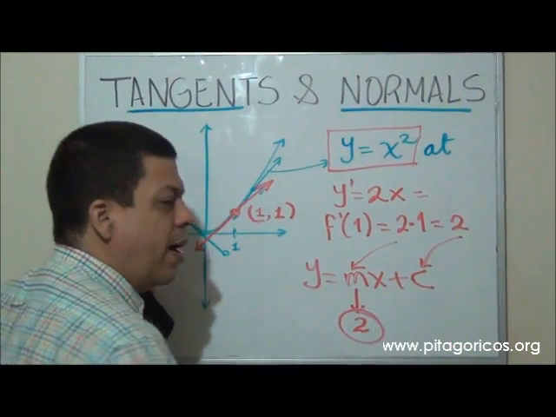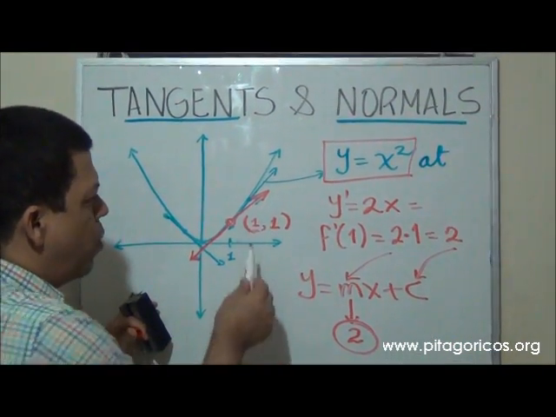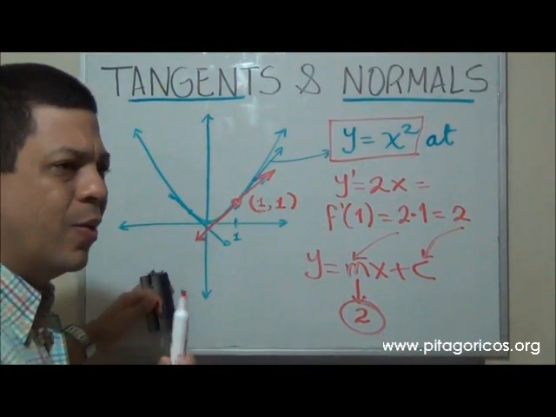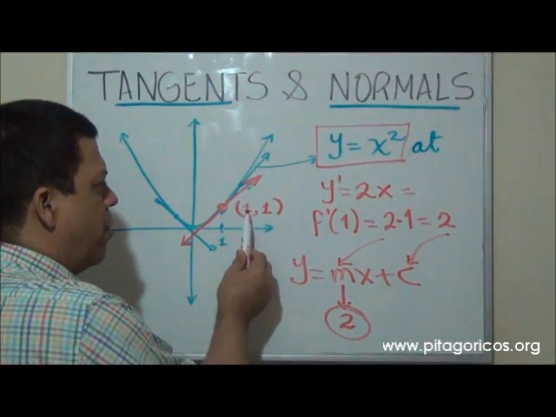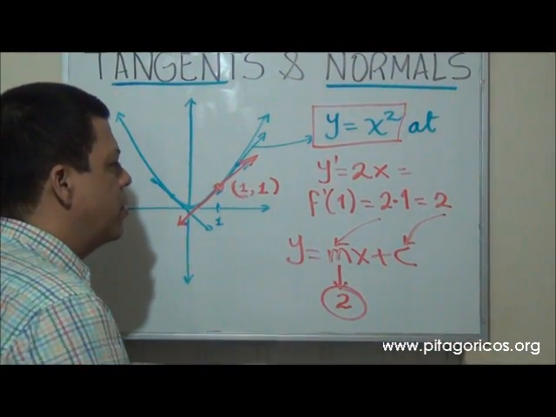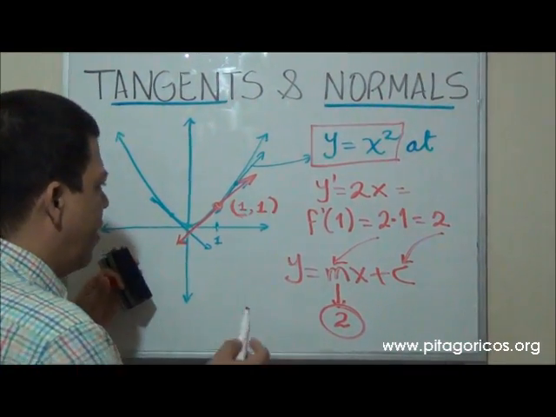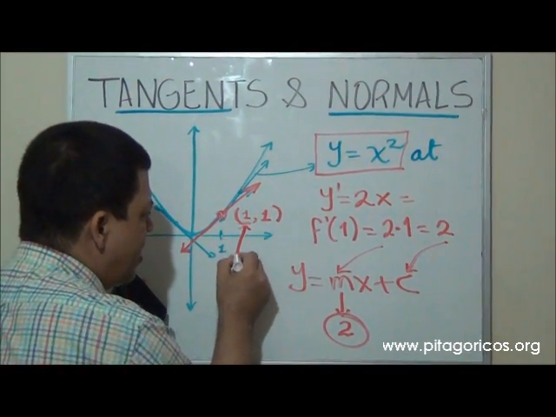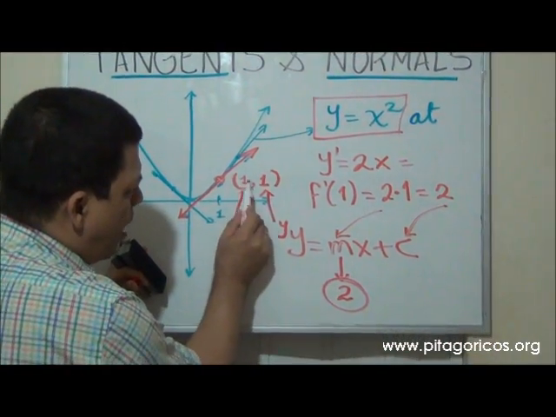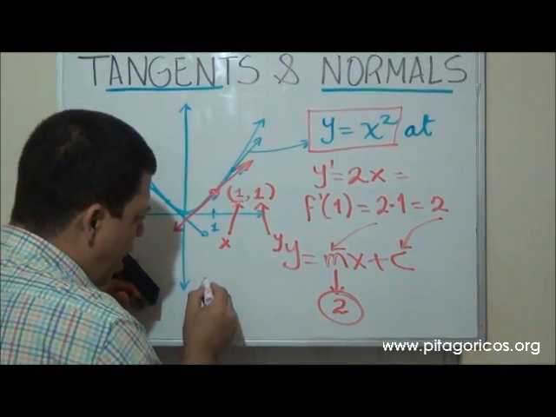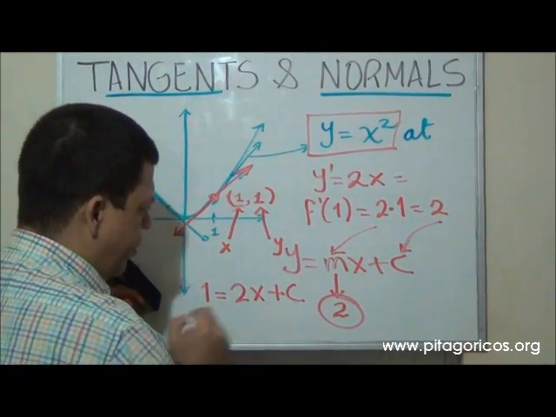Now I need to find the y-intercept. And to do that, I'm going to use the point that I had, 1, 1. I know that the gradient is 2, and one of the points for that line is 1, 1. Replacing this point into my line, remember that this is x and this is y. So replacing these two values, 1 and 1, I'm going to have something like 1 equals 2x plus c.